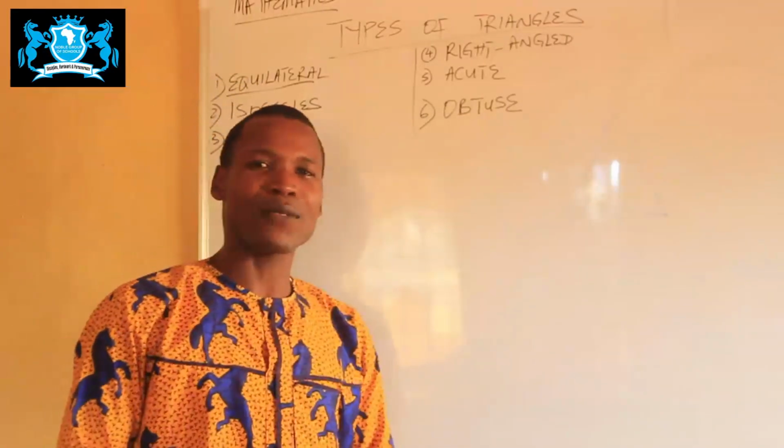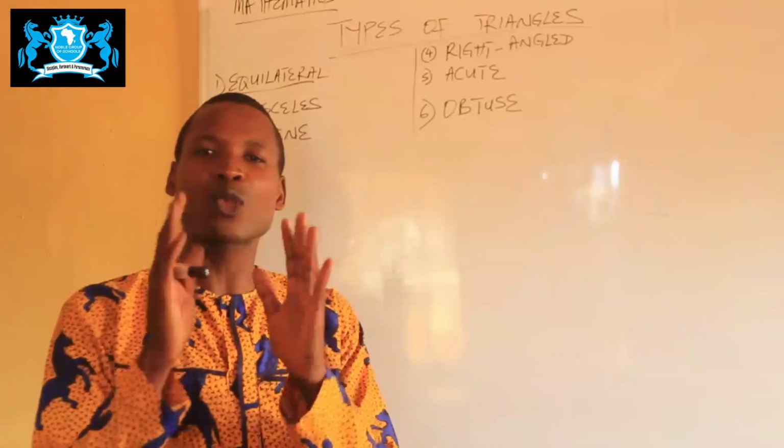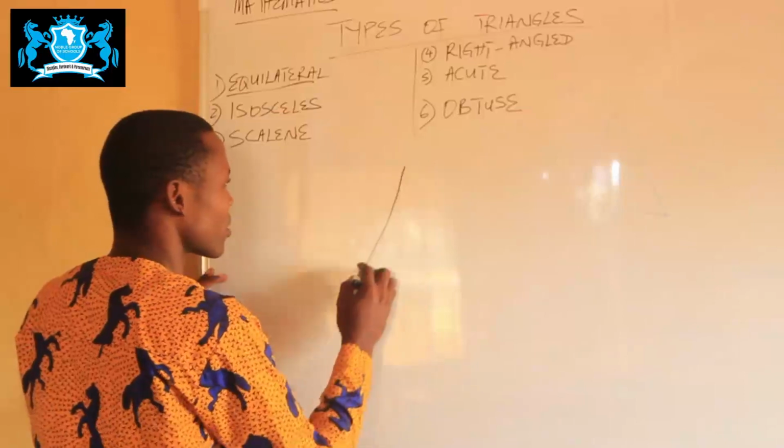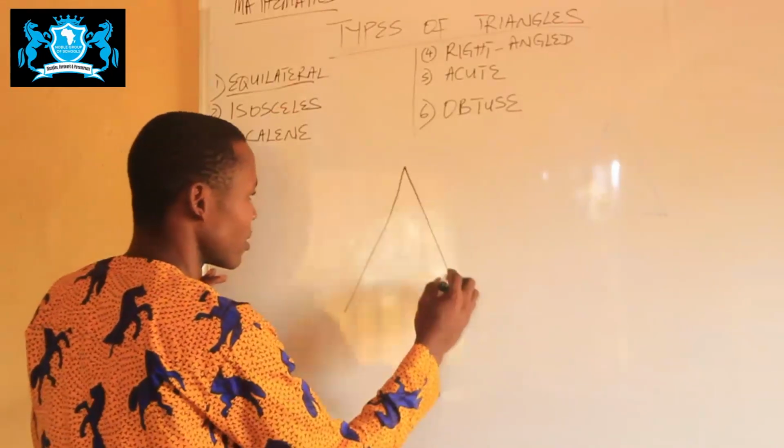We mean that kind of triangle in which only 2 sides are equal. This is what we mean. Something like this.